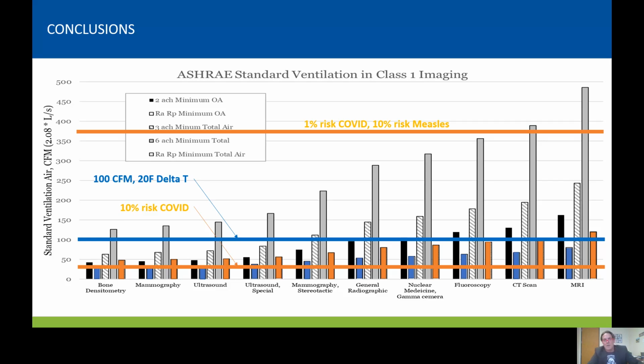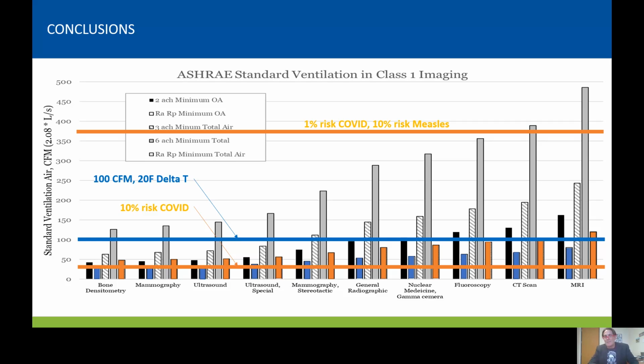And so do we need 6 air changes per hour in these rooms? I don't think so. I don't think we ever need 6 air changes per hour in these rooms. Do we need 3 air changes per hour? No, probably not. I wouldn't design a minimum at 3 air changes per hour or even 2 air changes per hour. I think the correct way to design these spaces at this point is to look at the RARP methodology that's offered in table 8.3 and design towards that.